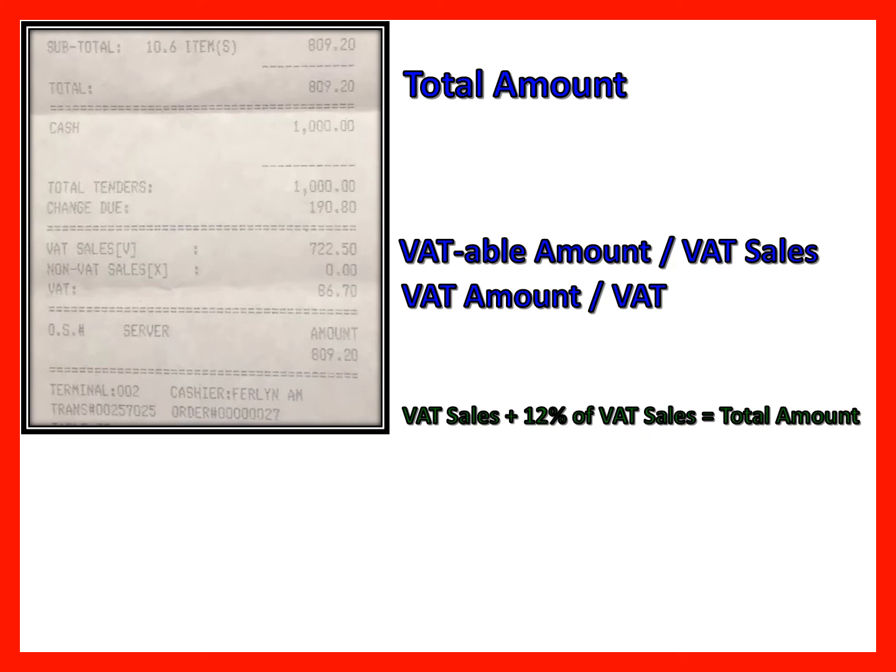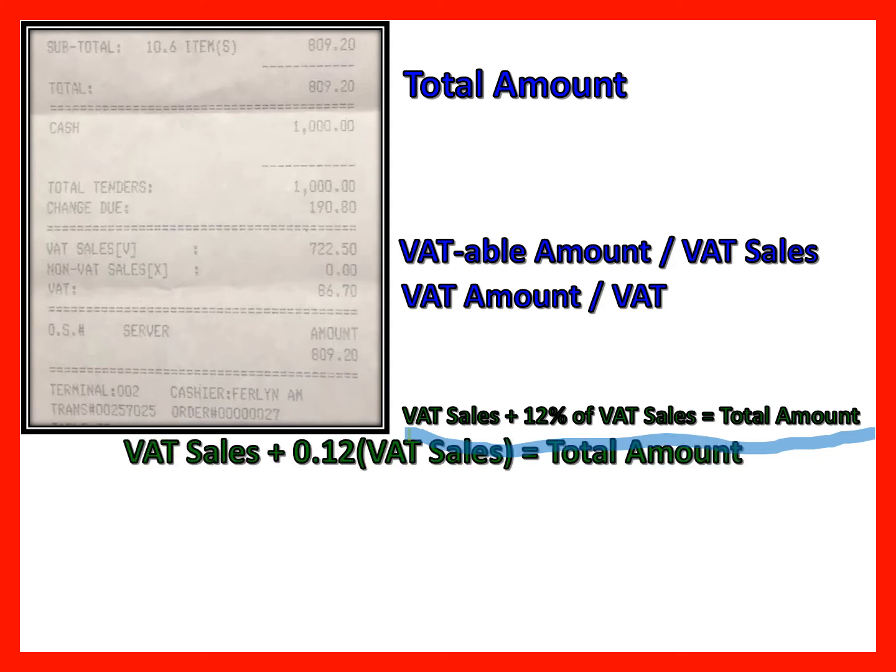So from our previous formula, VAT sales plus 12% of VAT sales equals total amount, we can rewrite it in this way because 12% is 12 hundredths in decimal, and the preposition "of" signifies that the operation is multiplication, so that is why we have the open and close parentheses for the VAT sales.